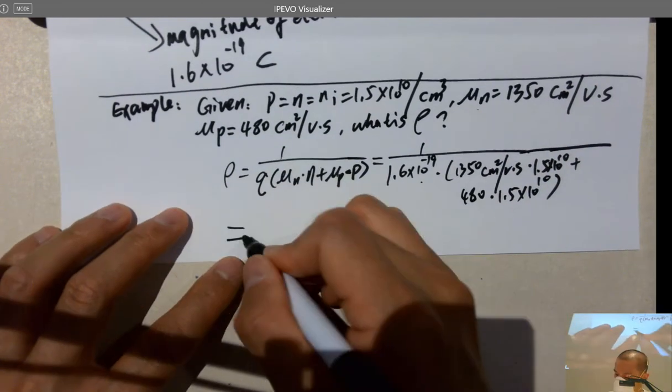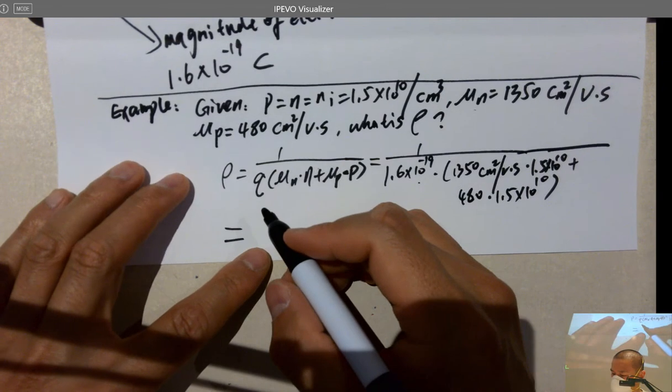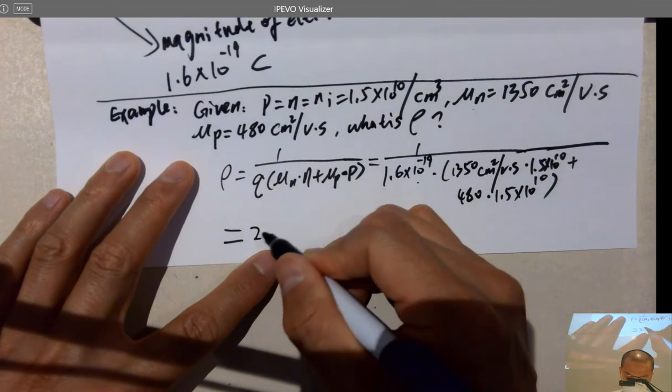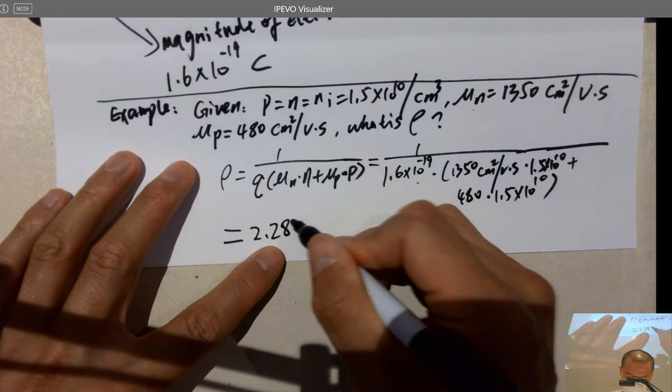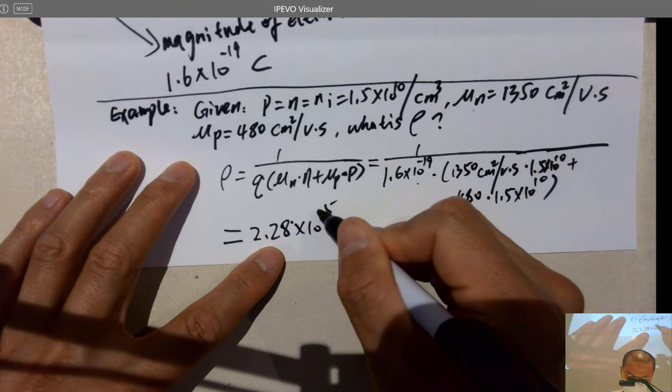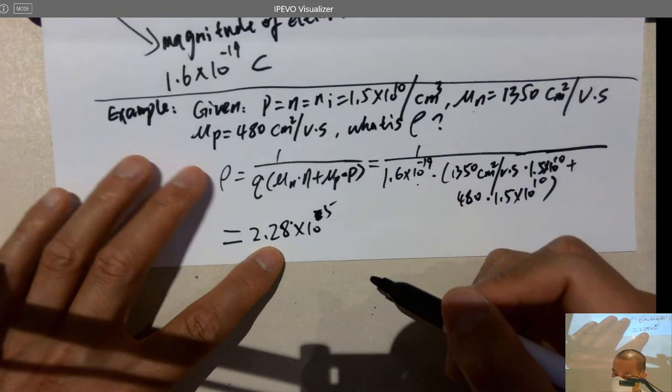So the result, I'll just let you know the result in case you are trying to calculate it. This is 2.28 times 10 to the fifth, sorry, not 15th, fifth.